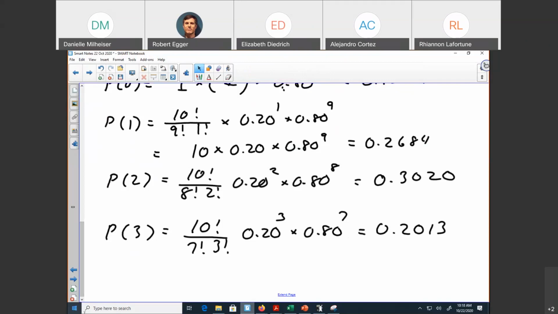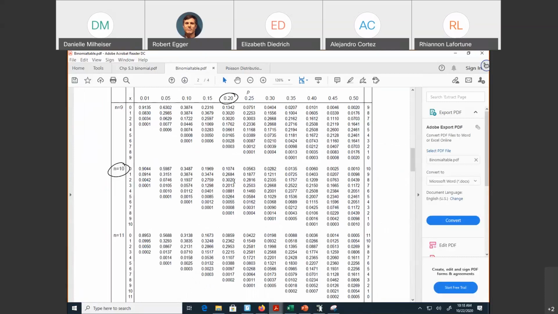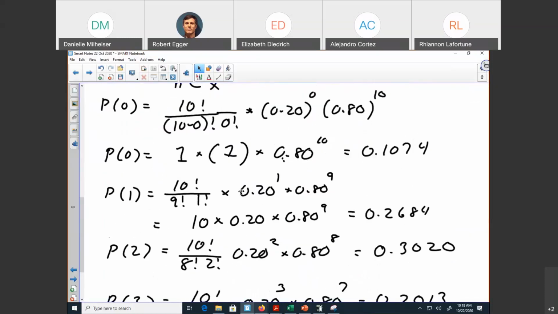Here are those numbers in the table. And again, 0.3020, 0.2013. The numbers in the tables are the exact same numbers I generated using the formula.